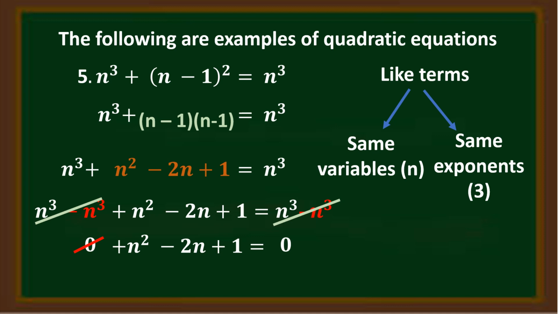The resulting equation will be n squared minus 2n plus 1 is equal to 0. We can see in here that the highest exponent or degree is 2. Therefore, the given equation n cubed plus the square of n minus 1 equals n cubed is an example of a quadratic equation.